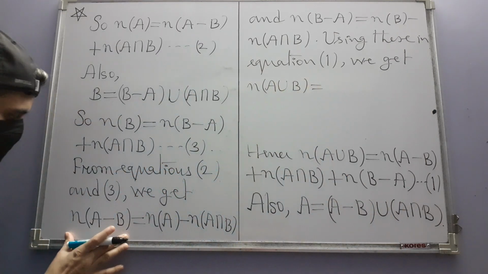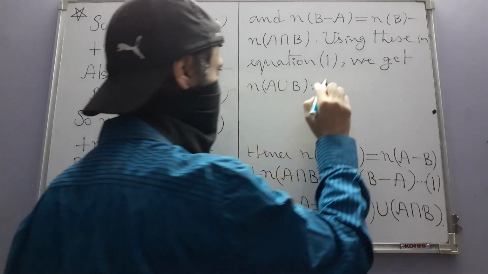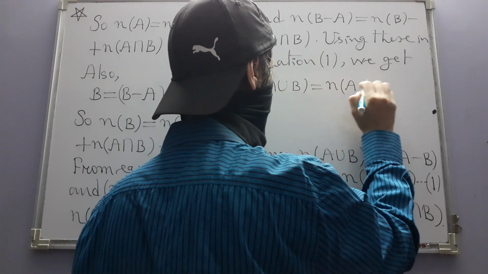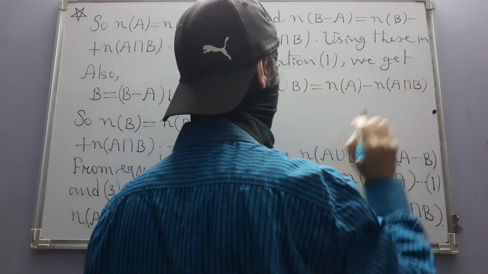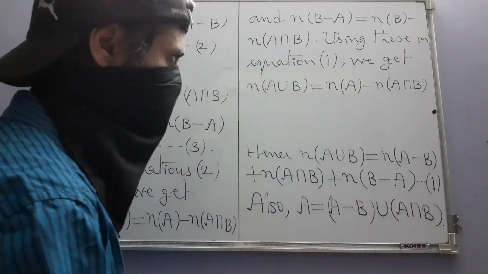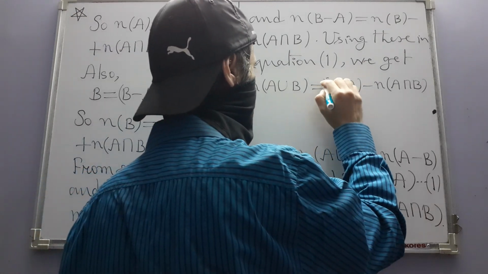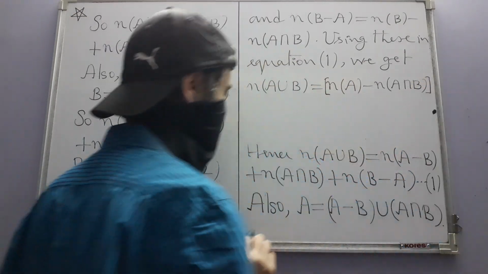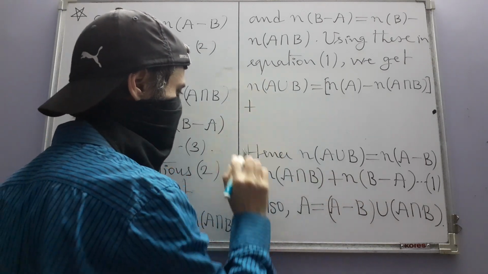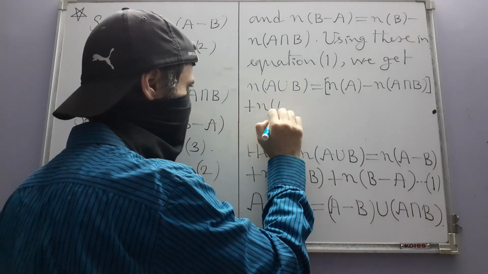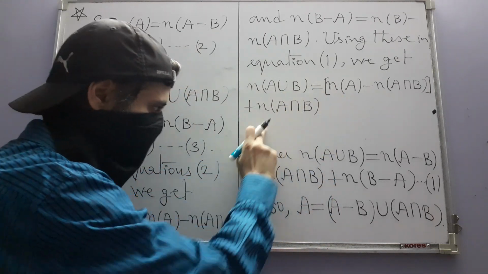Now in its place, we are going to write n(A) minus n(A intersection B). In order to emphasize the fact that you have written this expression for this single term, you can use square brackets. Similarly for this one, let us not change anything. In fact, the order in which these terms appear, let us keep that order intact. After this, we write this.